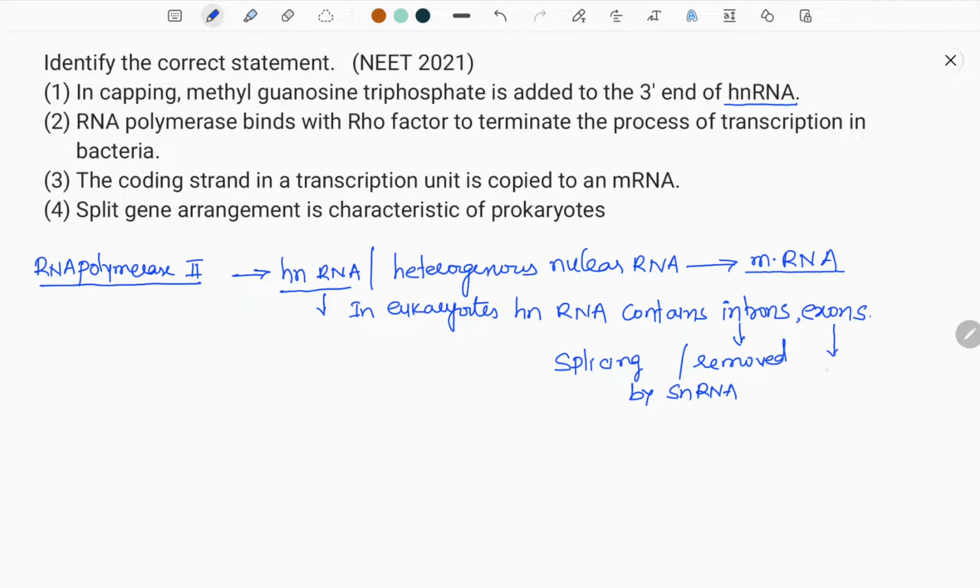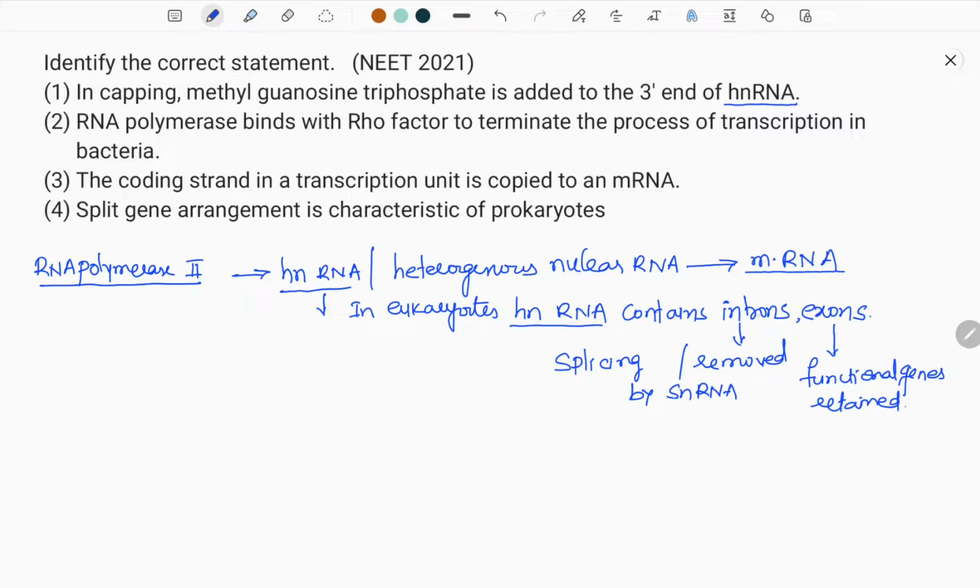What are exons? The functional genes, the useful genes at that time, are called exons. So these exons are retained. Removed are introns, retained are exons. This removal of introns and rearrangement of exons is done in hnRNA. Then hnRNA will convert into messenger RNA, right?